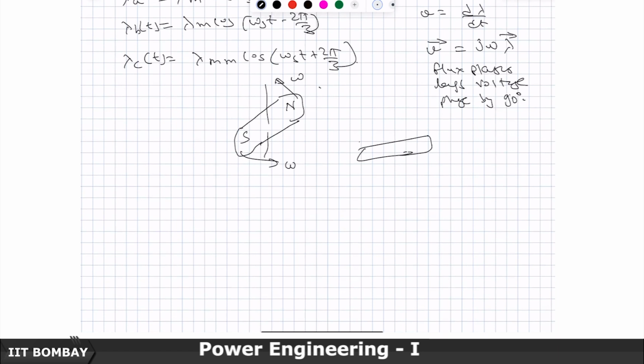So for that purpose, what we have in an induction machine is a 3-phase winding similar to the stator, but the number of turns will be usually different.